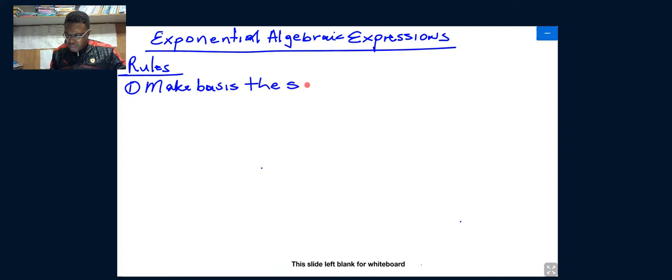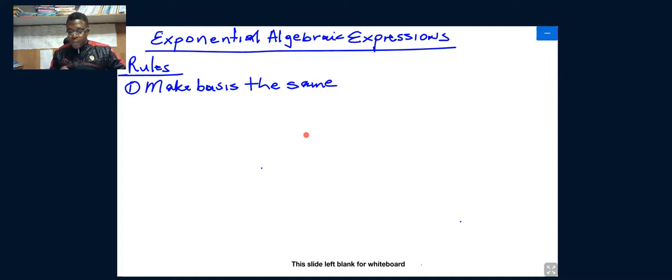You know why? When you multiply similar bases, what do you do with the exponents? You add them. When you divide similar bases, what do you do with the exponents? You subtract them. That is what you need to do.